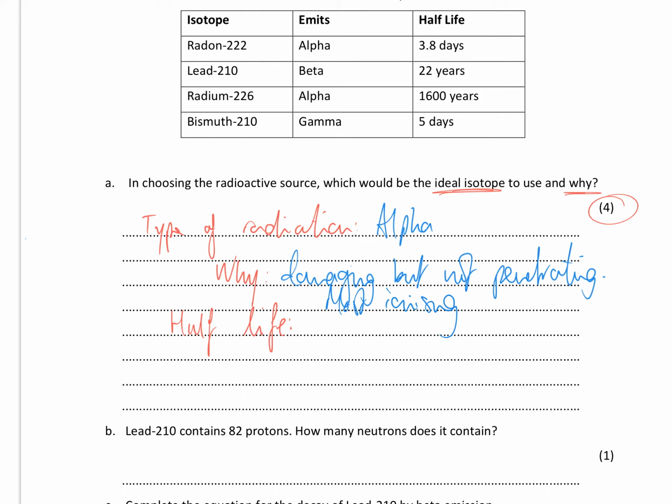Perfect. Okay, what's my next point? Half-life. I want it to be short. I want it to be long enough to do damage to this tumour, but I don't want it to last so long that it just stays in the body and does damage to the body after the tumour's gone. So of these two that I've got, I'm slowly eradicating some of them. The beta I don't want, the gamma I don't want.